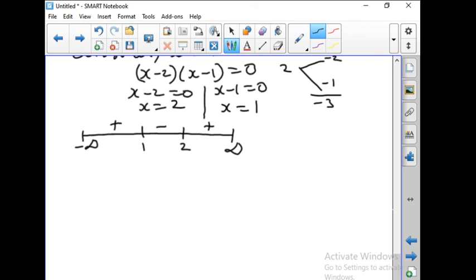Between 1 and 2, and we are having less than or equal to for 1 and 2. Therefore, the solution is the closed interval [1, 2].